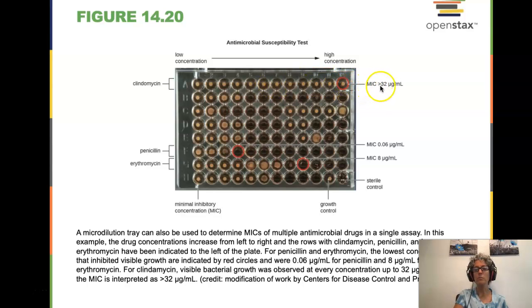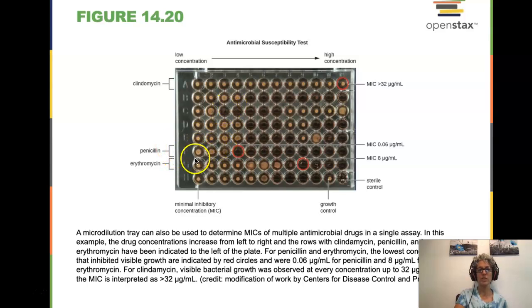It looks like the minimum inhibitory concentration is higher than what we have in this dish. For this second antibiotic, as soon as we get to this concentration, a much lower concentration was effective against the bacteria. This one, even more so.